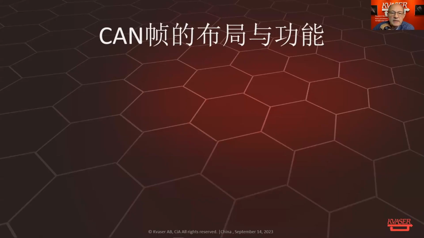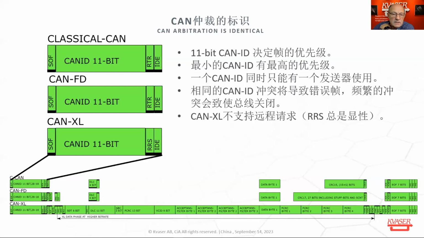In the first part, I will go through a number of slides where I describe the differences between the three versions: classical CAN, CAN-FD, and CAN-XL. What you see here at the bottom is a comparison of classical CAN, CAN-FD, and CAN-XL.